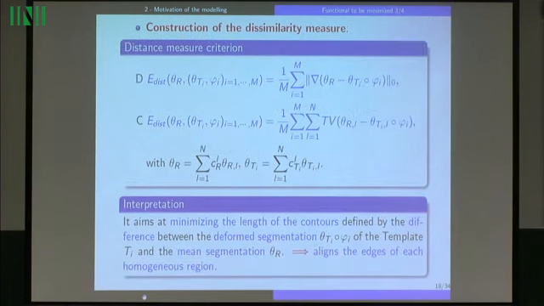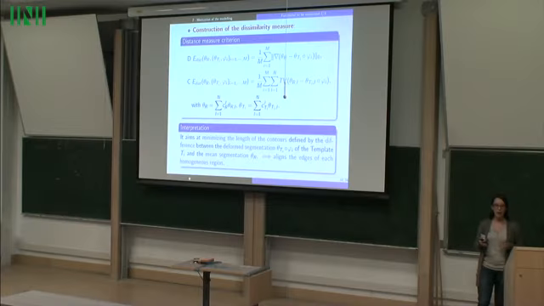And we now need a fidelity term to drive our registration process. And so based on the Potts model, we propose this dissimilarity measure in the discrete setting, and this is the continuous counterpart. So it aims at minimizing the length of the contours defined by the difference between the deformed segmentation of the template and the mean segmentation. So it tries to align the edges of each homogeneous region of the deformed template with the ones of the reference.